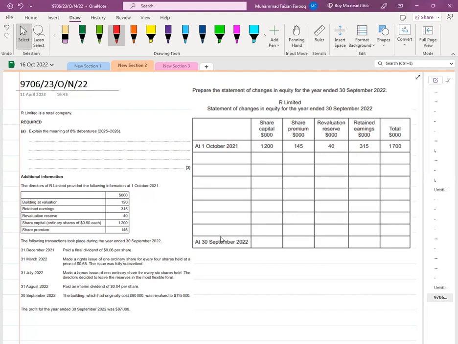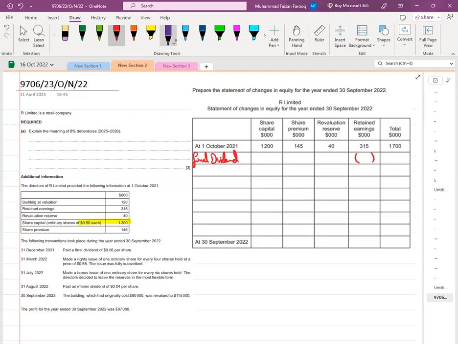First of all, tell me the dividend. When the dividend got issued, how many shares had the company issued already? It's a final dividend, and we know dividend needs to be deducted from the retained earning column. How many shares?